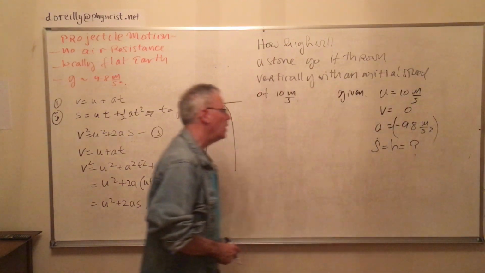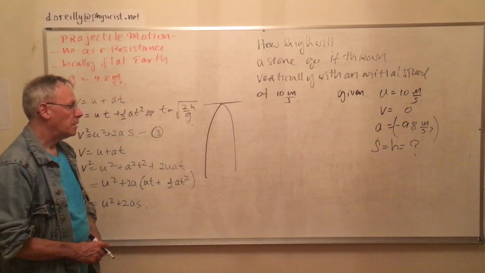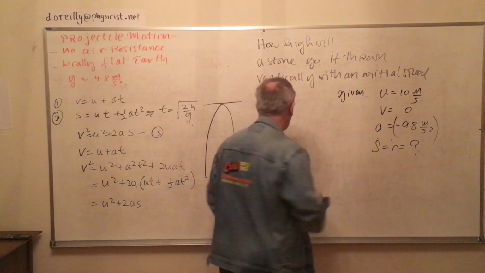Now we identify the unknown, and we identify the unknown to be the height. This is an indirect given. So we now solve.